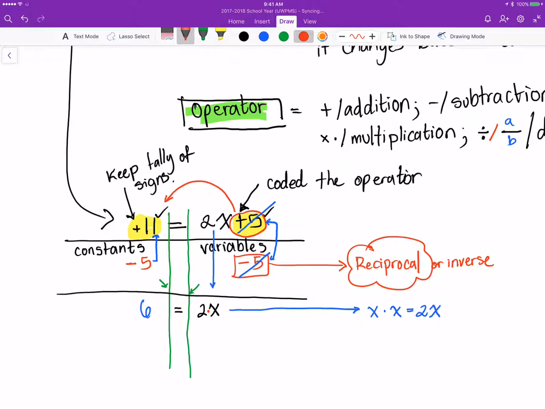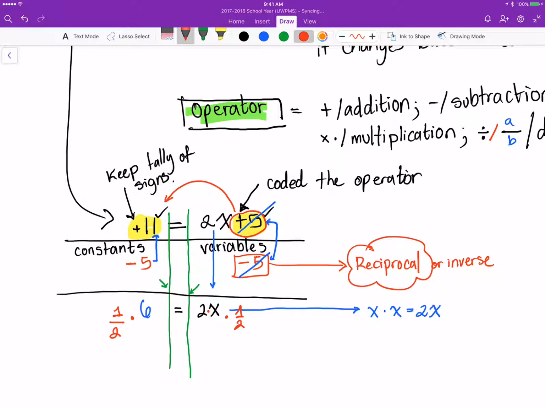Now I'm going to use the reciprocal of 2, which is times 1/2. Or you can simply say that you want to divide by 2 on both sides.